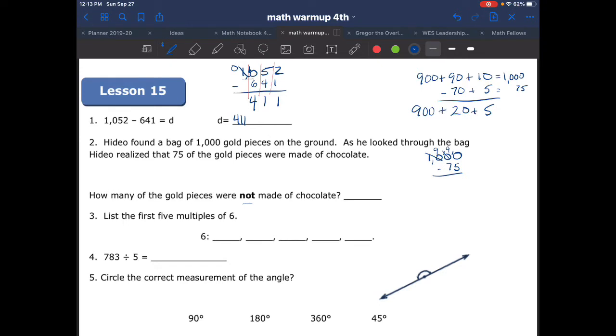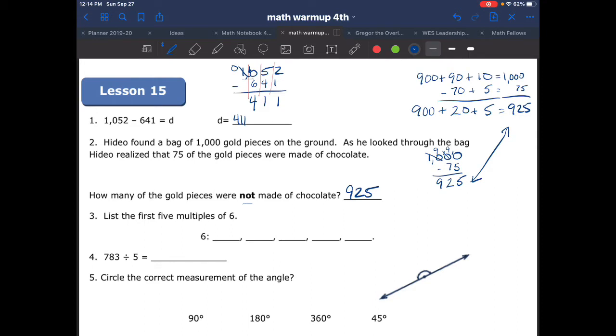So we put all that together, we get 925. And if we do it down here, we'll take 10. 10 minus 5 is 5. 9 minus 7 is 2, and we still get the 9. Same thing. So 925 gold pieces. He's rich, and he got a snack.